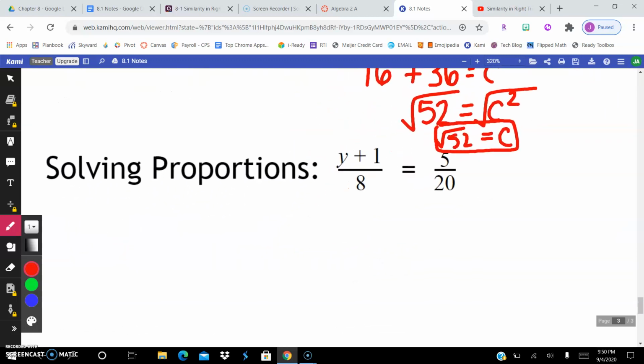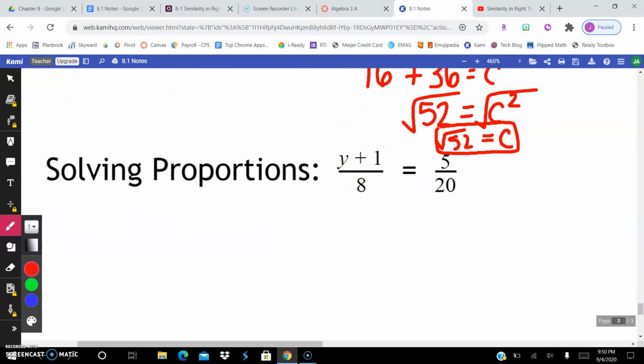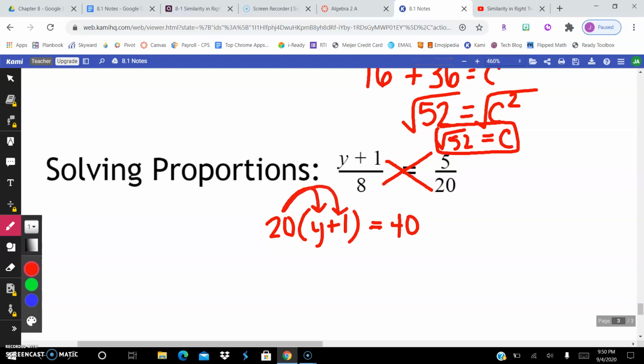And then our other review is solving proportions. We have y plus 1 over 8 equals 5 over 20. So we have to cross multiply here. We have to do 20 times y plus 1, and that is going to be the same thing as 8 times 5, which is 40. To distribute here, 20 times y is 20y, plus 20 times 1 is 20.